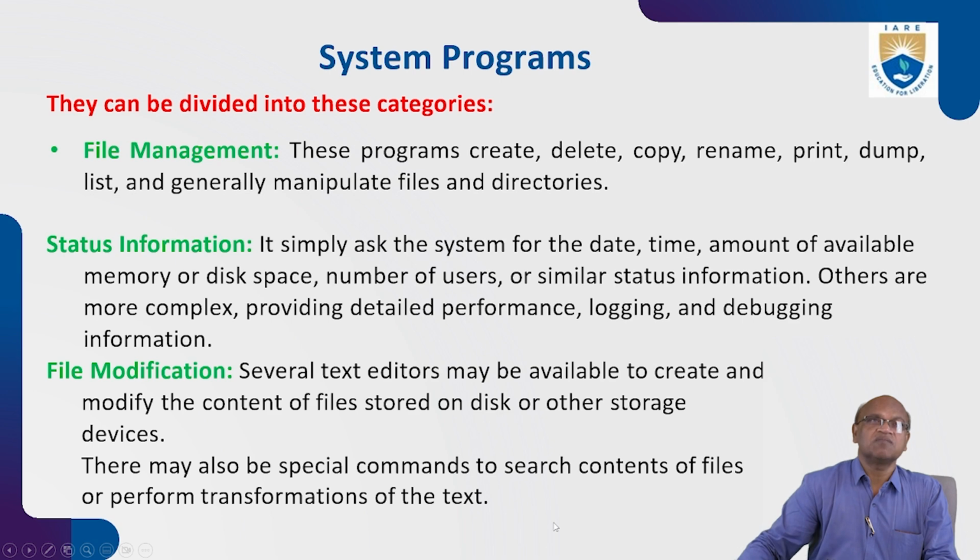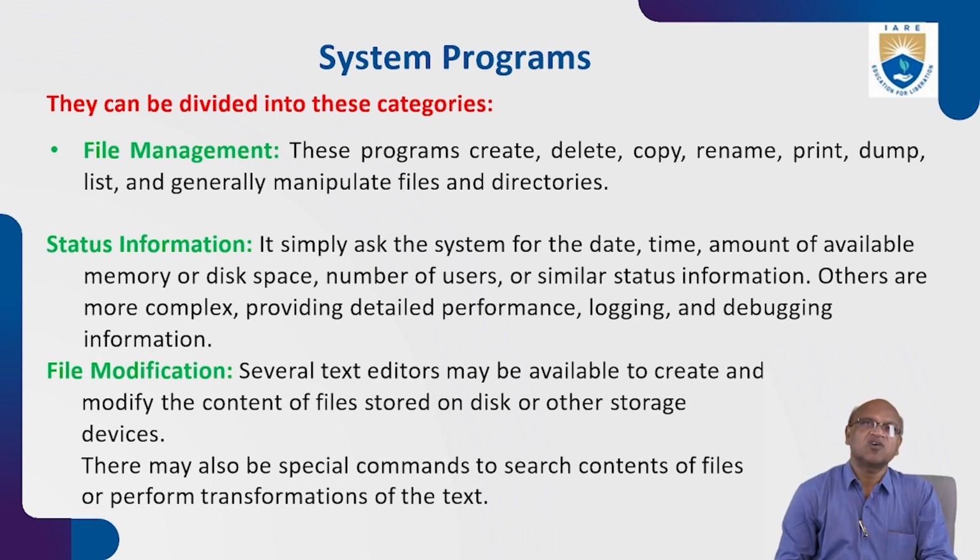So system programs can be divided into categories: file management, status information, file modification, like this. In file management, these programs create, delete, copy, rename, print, list, and generally manipulate files and directories. I will tell you one thing. Suppose you are writing a program and save it, or copy it.